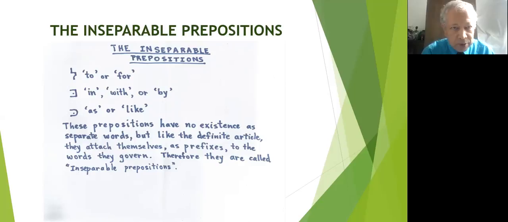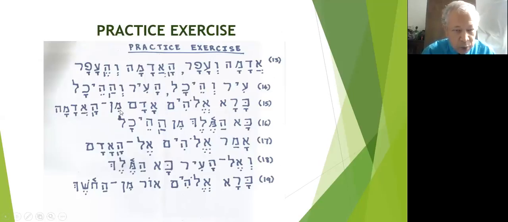By inseparable, I mean a preposition that is attached to a noun and it is not separated from the noun. It is not like min in the previous exercise, in which you see that min, a preposition meaning from, is not attached to the definite article and to the noun, but it is joined by this horizontal line called makef, which is binding or binder, and it is not actually attached to the noun so that it becomes part of the noun.